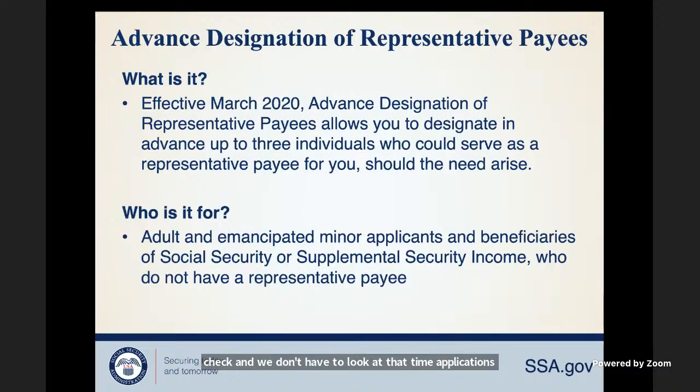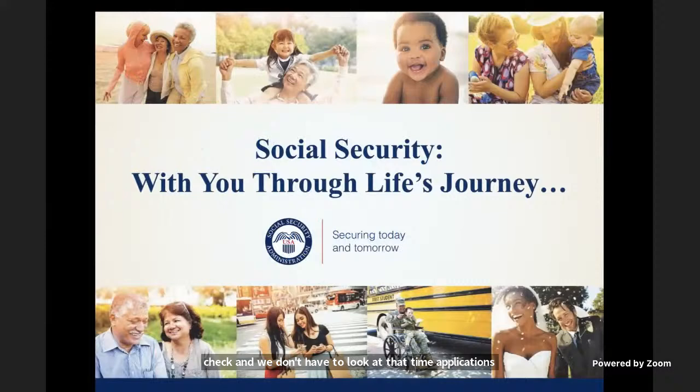Now, you don't have to be incapacitated to have a payee. It's just being incapable of managing your own money. If somebody is determined incapable by DDS, but you're the parent and you realize, well, yeah, they can manage their money, but with help from me, bring them in.